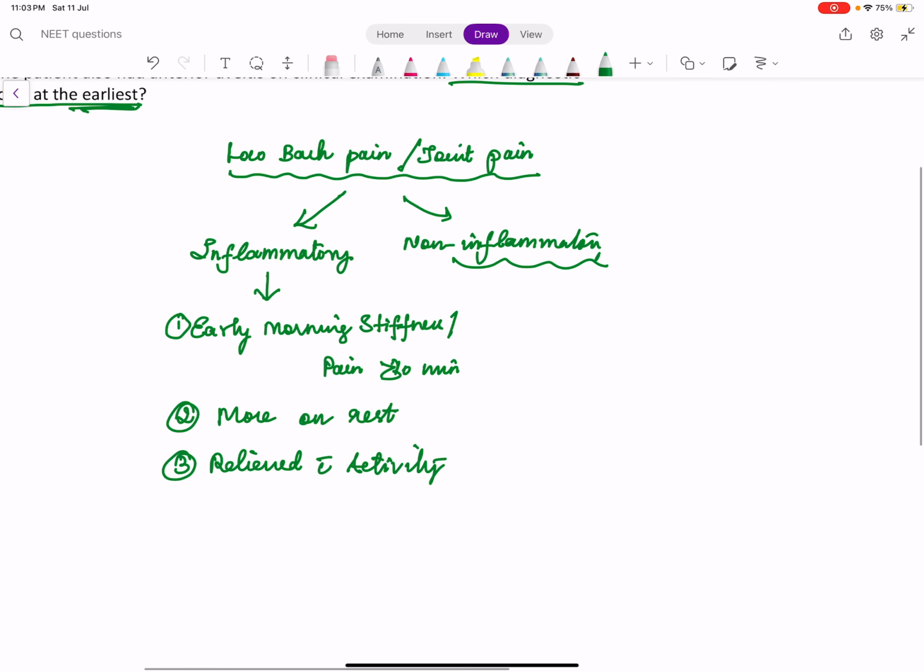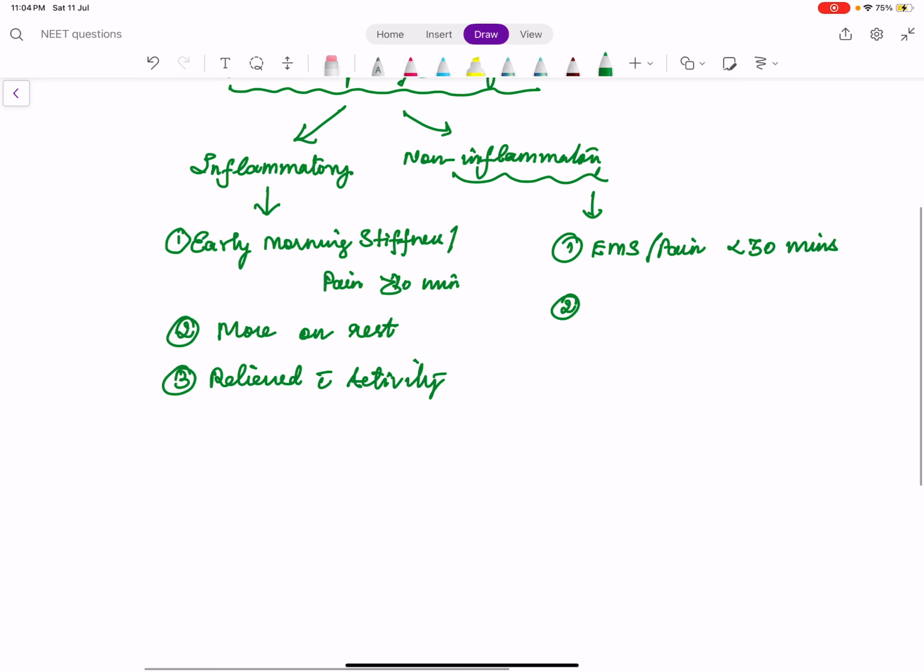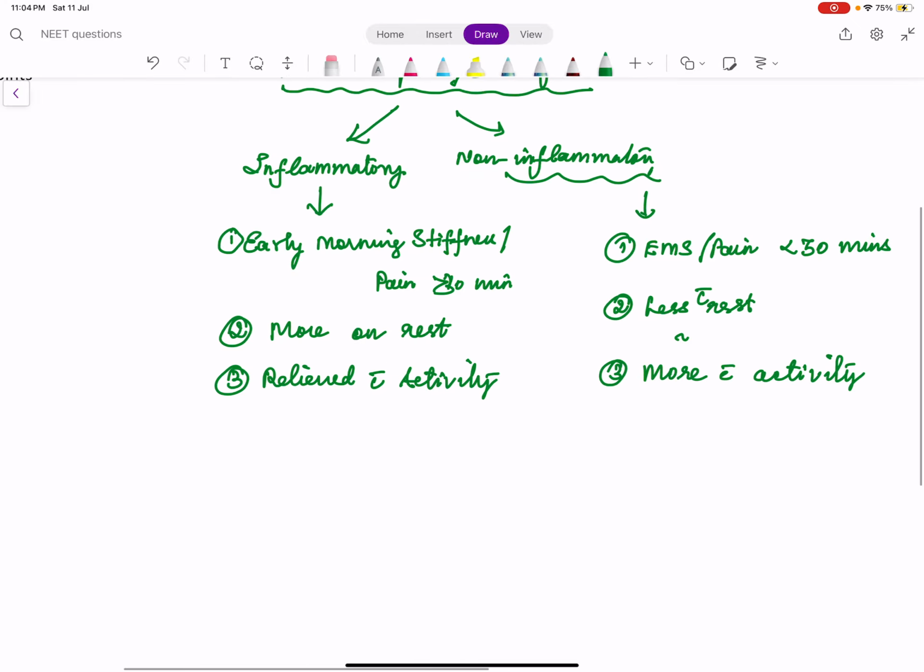Non-inflammatory will be the opposite, where there will be early morning stiffness or pain, but the early morning stiffness or pain will be less than 30 minutes. And in non-inflammatory pain, the pain will be relieved with rest and it is more with activity. So this is how you differentiate inflammatory pain from non-inflammatory pain.